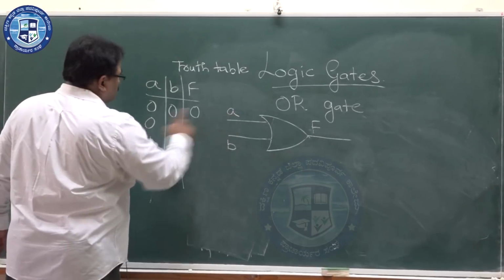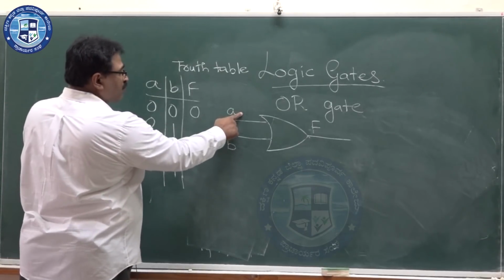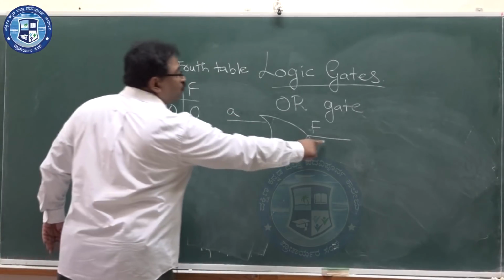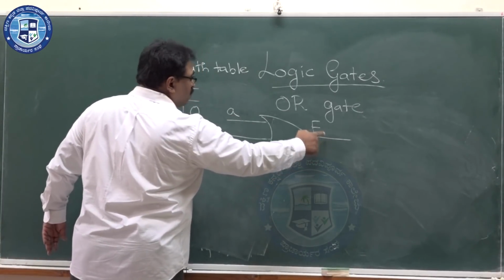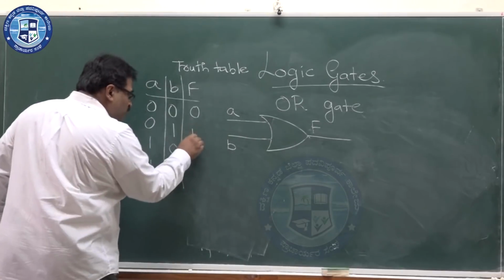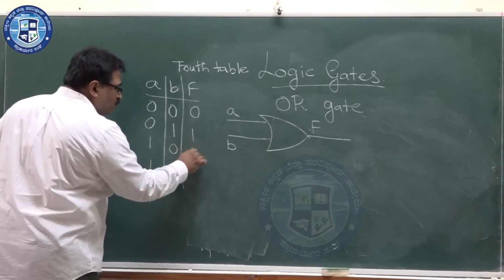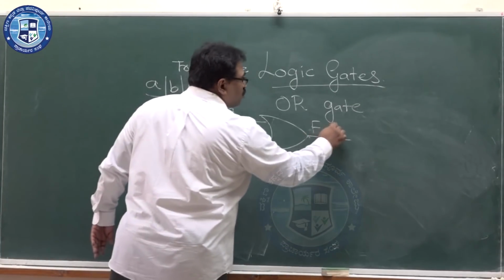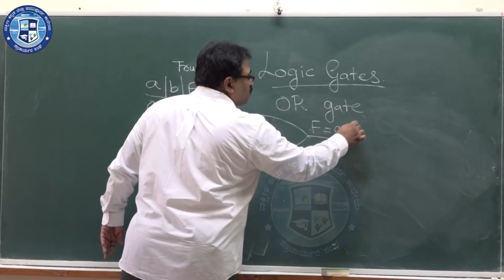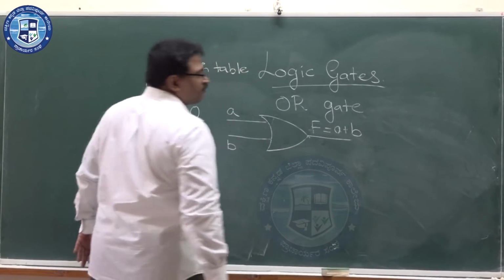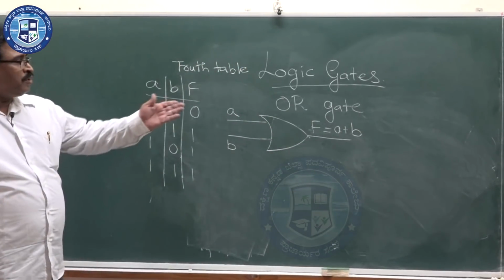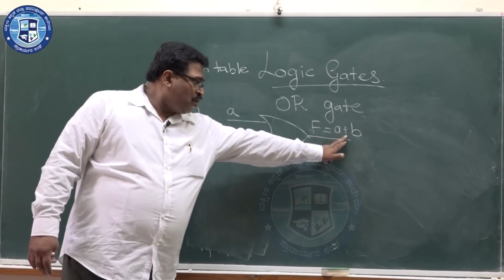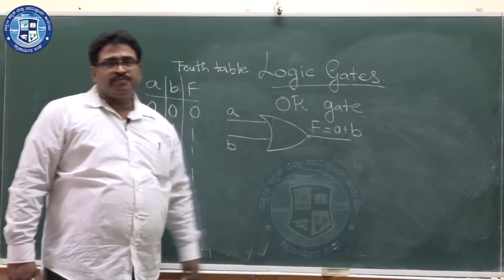In the second case, I'm going to give 0 volts here, 1 volt here. It means the output I get over here is 1, that is 5 volts. Similarly here also it is 1 and 1. So what is the output expression you have? F is equal to A plus B. So the plus sign indicates OR. It is A or B.